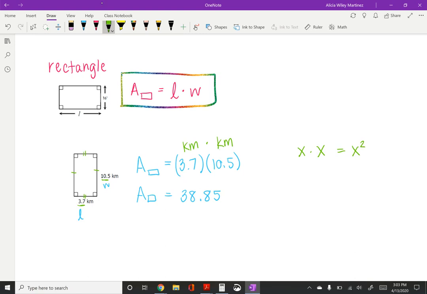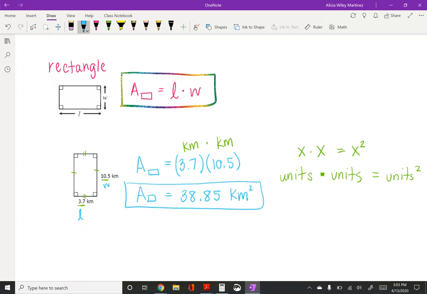So when you're doing area, it's units times units, which is units squared. Whatever the unit of measure is, like kilometers, you put squared. And that would be your area.